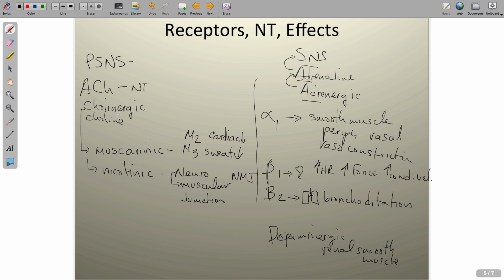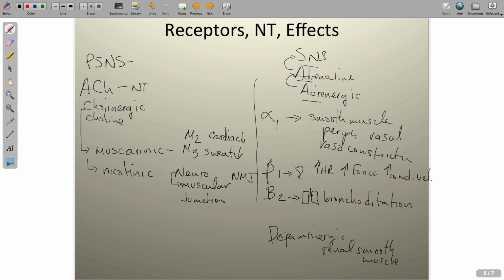Cholinergic receptors can be broken down into two specific types of receptors, one of which is called muscarinic, the other is called nicotinic. Muscarinic receptor sites primarily impact cardiac tissue and sweat glands. The other cholinergic receptor is called a nicotinic receptor, and it primarily impacts the neuromuscular junction. This tells us about muscle contraction.